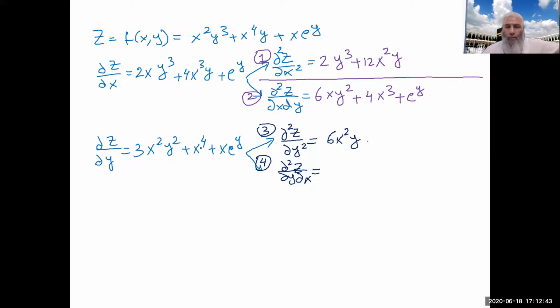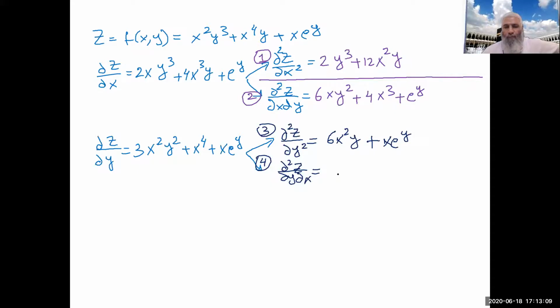Okay, so here we have x e to the power y, because the derivative of e to the power y is e to the power y, multiplied by x, and x is constant.